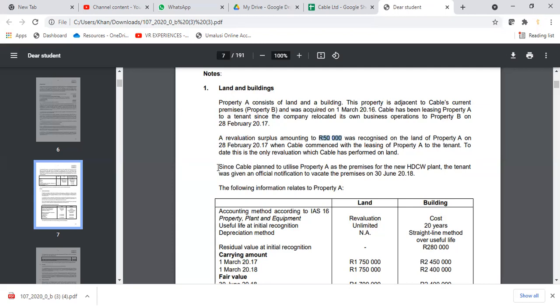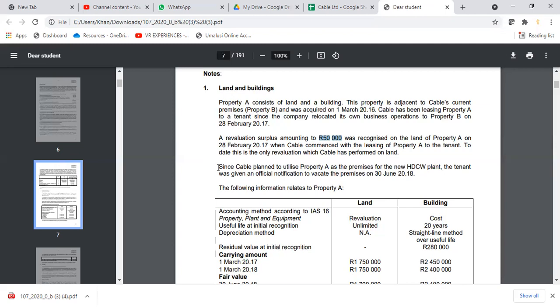They say, since Cable planned to utilize property A as the premises for the new HDCW plant, the tenant was given an official notification to vacate the premises on 30th June 2018, which is in the current financial year.